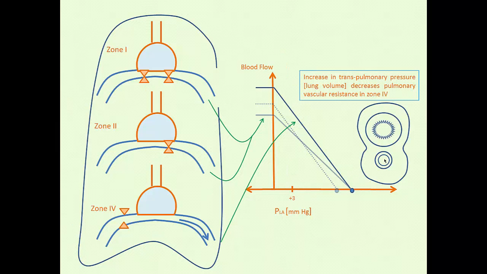And therefore, as you increase transpulmonary pressure or lung volume, you actually kind of unwind these vessels, and you reverse this physiology where the interstitial edema collapses the pulmonary arterial vessels and supersedes pulmonary arterial pressure, and therefore you mitigate this collapsing effect as you increase lung volume in these patients.